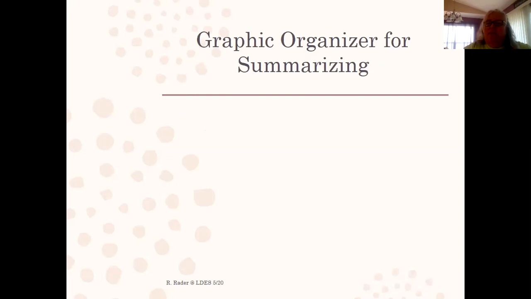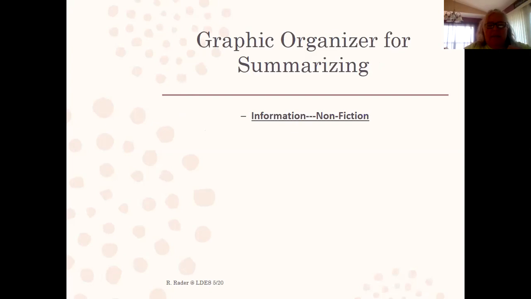Now, I know that all of you out there in 4th grade land know how to summarize text. I know it. I can feel it. You have learned it all year long, and this is, again, just a review. So please answer when I ask any questions, because I know that you know these answers. We have a graphic organizer for summarizing.